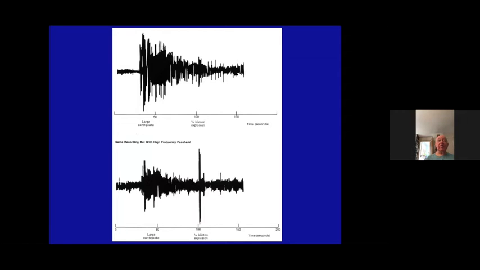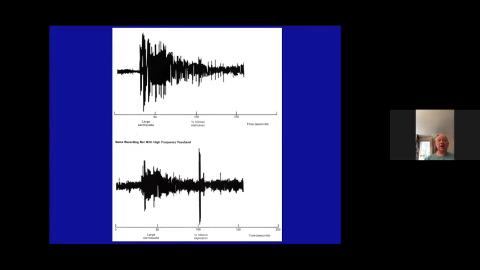Okay, the one thing that we found is that here is an explosion of about 1 kiloton, a small explosion set off in a cavity. And I'm sorry, it was a 10 kiloton explosion set off in a cavity in Western Kazakhstan by Russia.